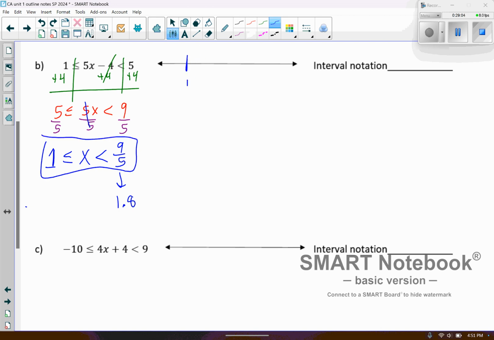We're getting squeezed between 1 and 9/5. We get to include the 1 because we're greater than or equal to 1, but we do not include the 9/5 because we have to be less than that. So I'm going to put that right here from 1 to 9/5.